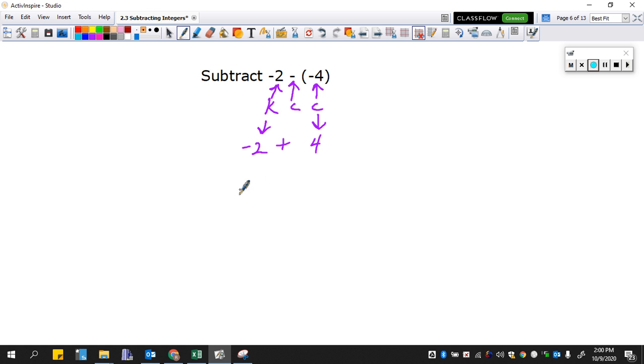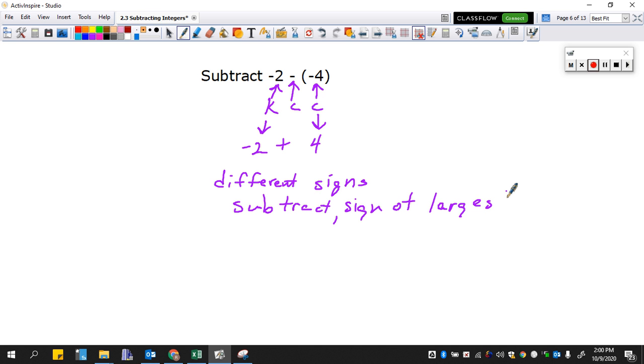If we remember the rules from the last lesson, if the signs are different, the different signs means we subtract and give the sign of the largest number. I'm just going to write the sign of the largest.